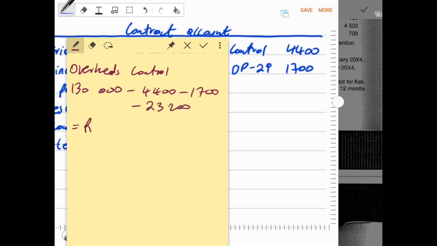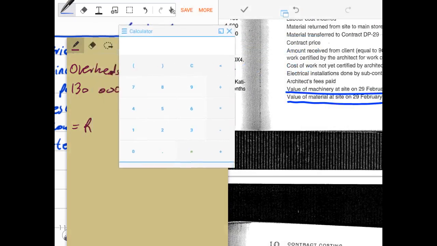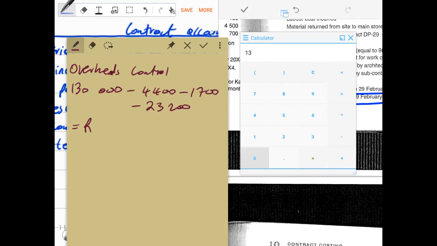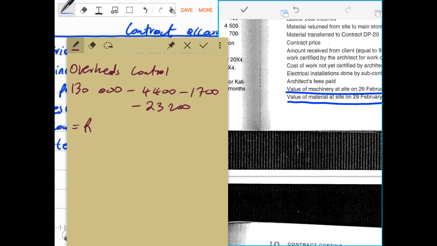So now that will give us material available for use. Material available for use will be 130,000 rands minus 4,400 less 1,700 less 23,200. Let me confirm all these amounts.